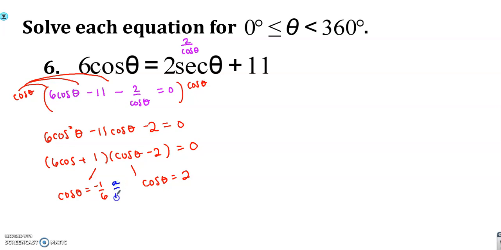So this is my adjacent over hypotenuse. So I'm going to have to use my calculator on this one. These 2 angles will be on the left. So to get this reference angle right here, I'm going to do inverse cosine of 1/6, my adjacent over hypotenuse.